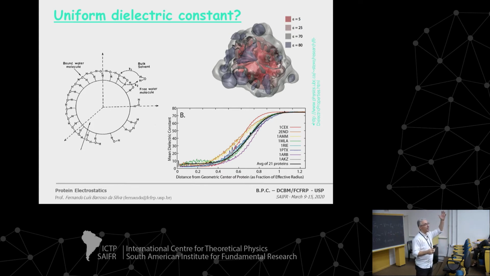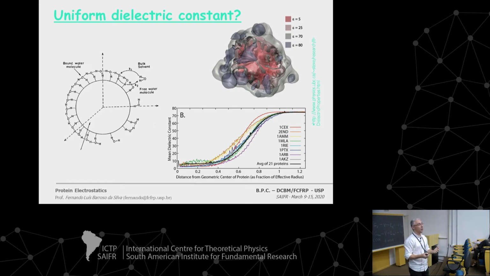Because if I have a dielectric interface, whenever I calculate the electrostatic potential, we know that as I move my charge close to the boundary, the potential can explode. It can be highly negative or highly positive. And very close to the boundary, a small difference in the separation distance can give a huge change in the potential.